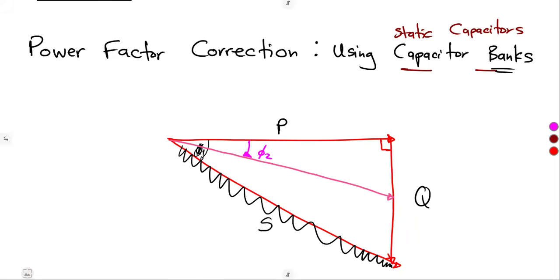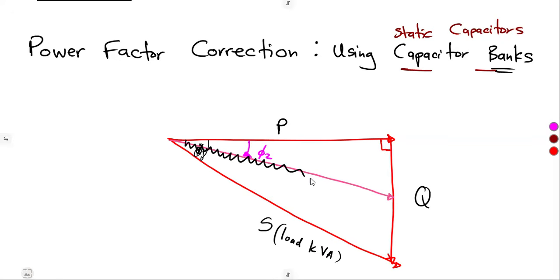This was the load kVA, the one that you were given previously. That's our load kVA. But as we have inserted these capacitors, look, the line that we're having, this hypotenuse, is now here.